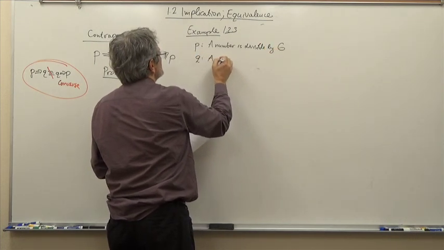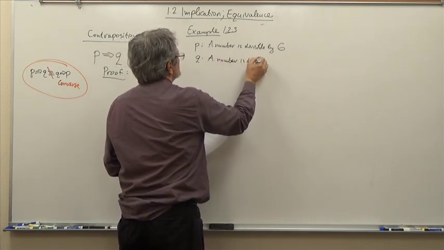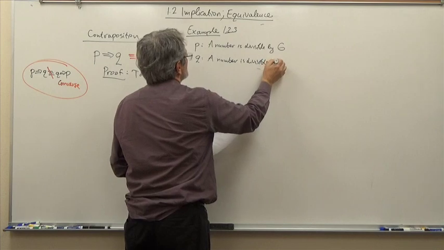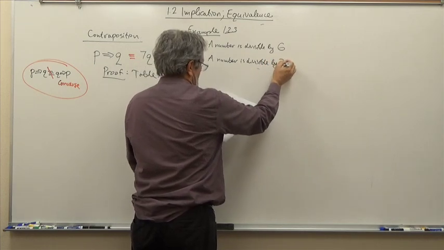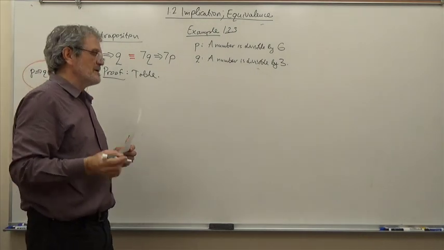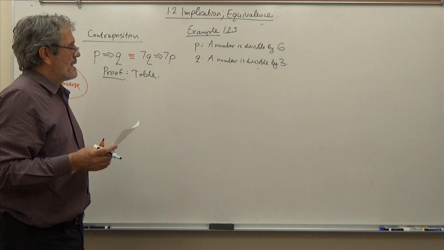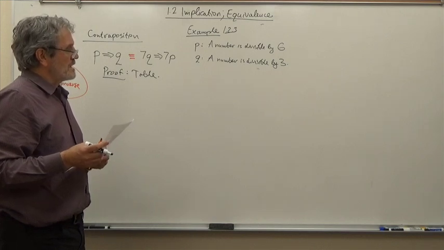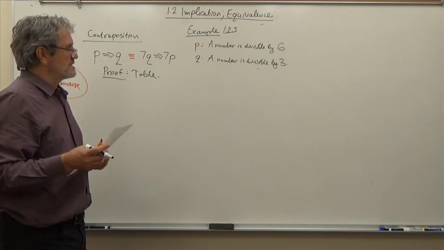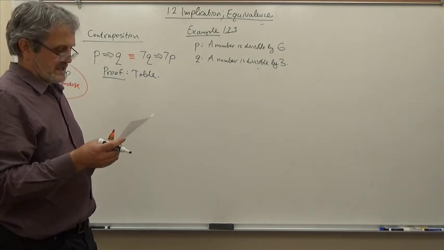Q: the number is divisible by 3. Maybe it would be better if I give that number a name, but I don't think it will hurt. Let's focus more on what we want to say here.